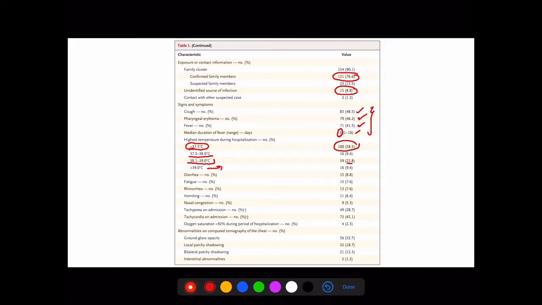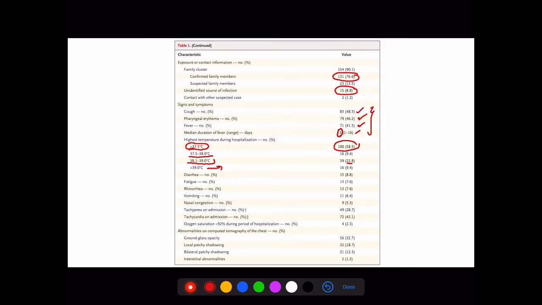So in children, you see the majority of them have very mild or almost no fever. And then some features were less common, like diarrhea, fatigue, rhinorrhea, vomiting, which were cumulatively in less than 10% of the cases.